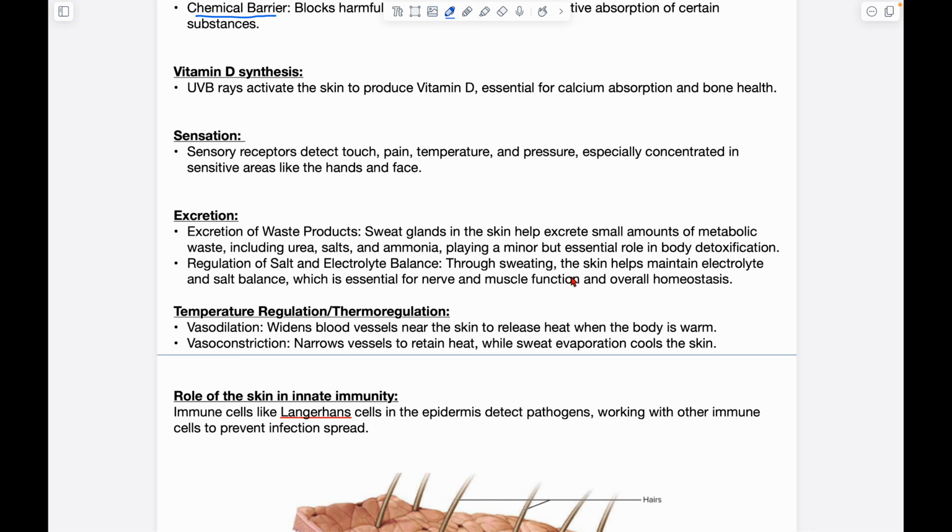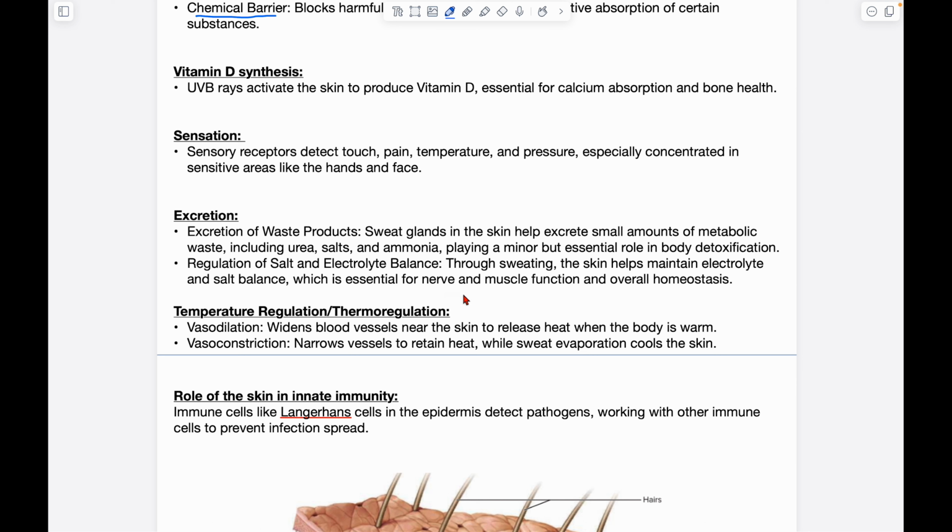Okay, next I'll be talking about excretion, where sweat glands in the skin help excrete small amounts of metabolic waste, including urea, salts, and ammonia, which plays a very essential role in detoxification, just removing harmful chemicals from the body. So there's also the regulation of salt and electrolyte balance, and sweating is a very important part of human and bodily function, especially in terms of the integumentary system.